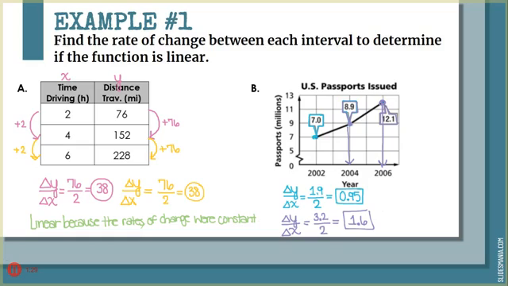Since my rates of change are different, this is not linear. So we would say nonlinear, because the rates of change are different.